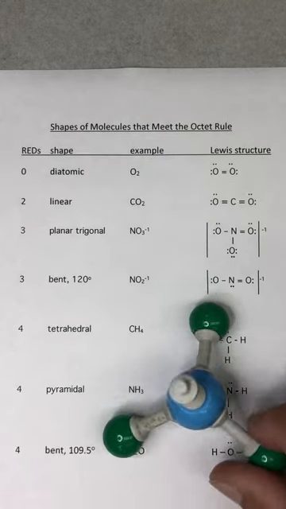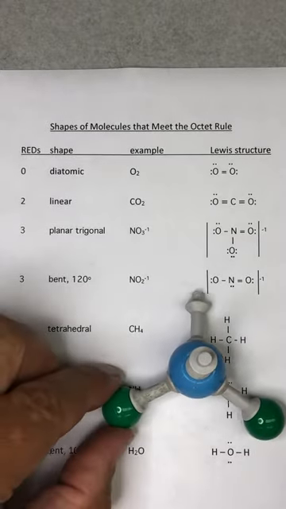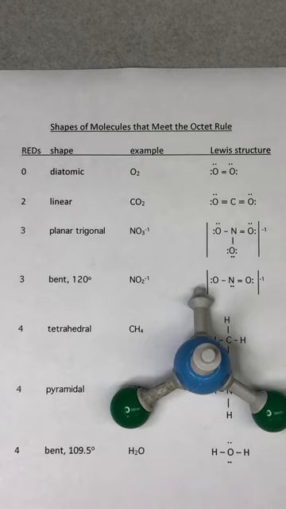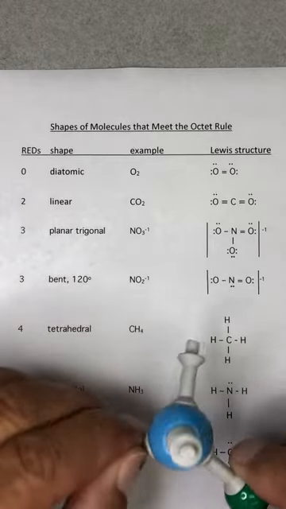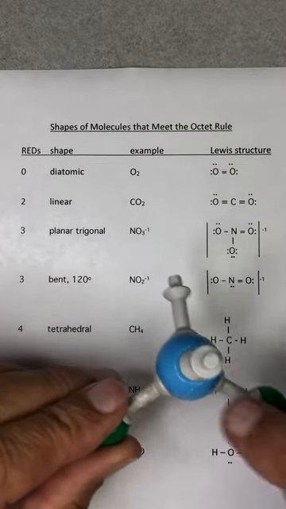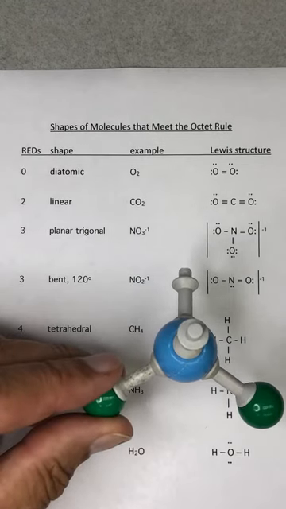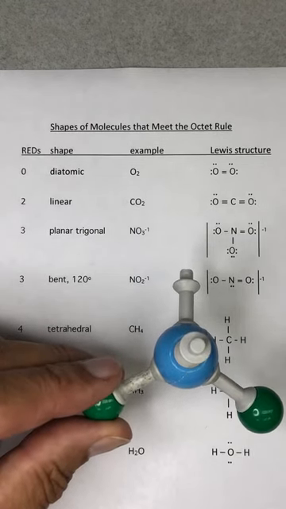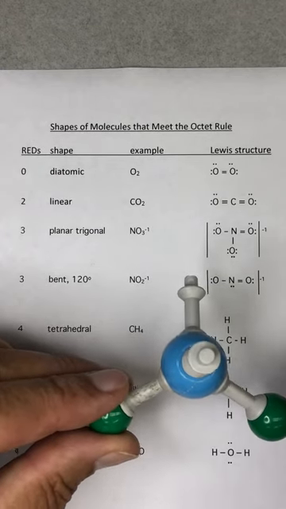Now, if I were to take one more atom off, I still have four regions of electron density around the central atom. But the shape of this is bent. So when we look at this where the atoms are, we see that the atoms make a bent shape. In X-ray diffraction models, we see X-rays are diffracted by the atoms, not by the electron clouds.